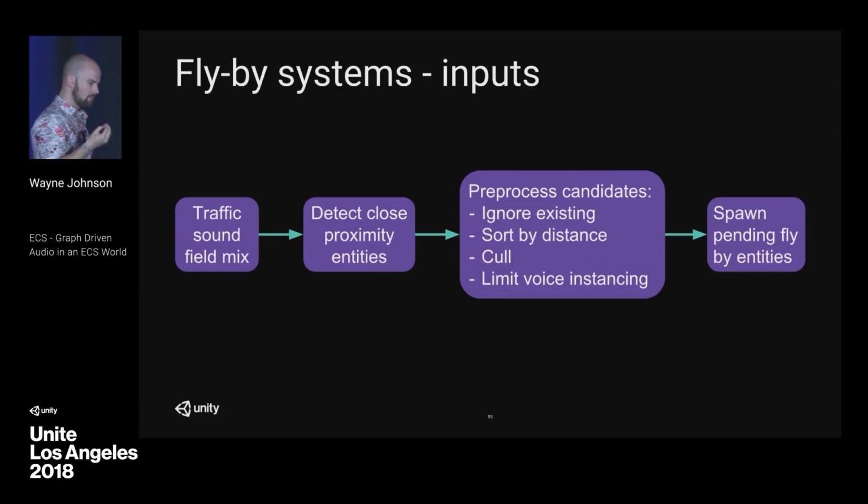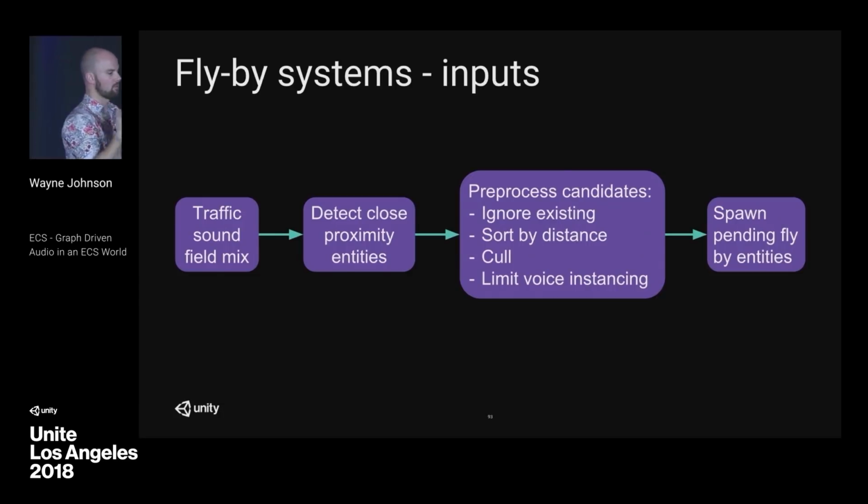We initially built it so that, when we're in the traffic sound field system, we would detect close proximity to any of the other entities. We'd have to quickly pre-process any of the candidates, and cull things out, like cars that are way distant from where we are in the world.